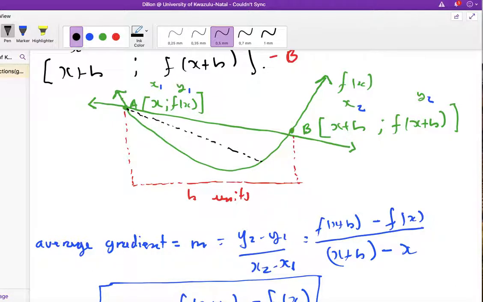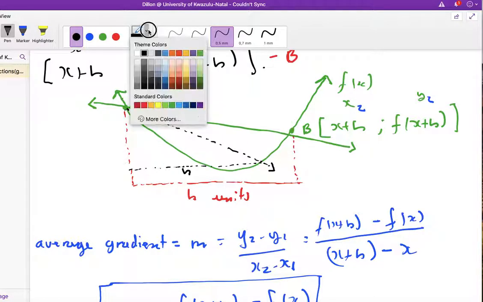So let's consider this point here, and this will be our new h. We're going to look at what happens when h becomes smaller, when we decrease the distance between the point A and B. In other words, we are making h become very, very small.